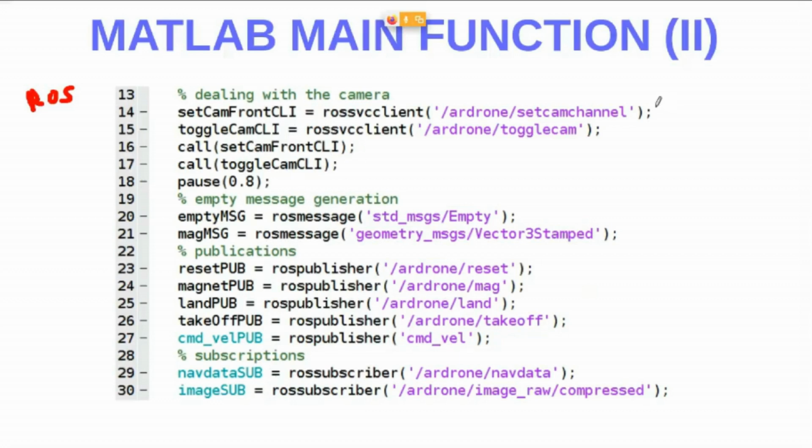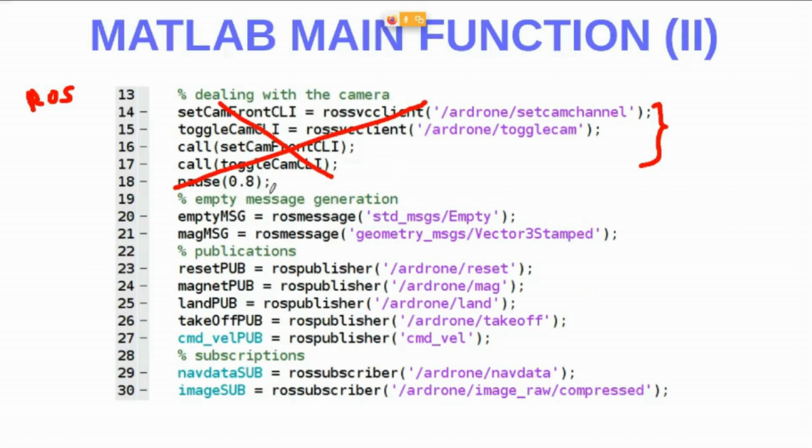We're not interested in this at the moment, okay? But these commands are for the camera. As you can see here, I set the front camera, and then I toggle the camera in order to use the bottom camera, the zenithal. But well, for this moment you can forget about this, because today we're not dealing with the image processing.